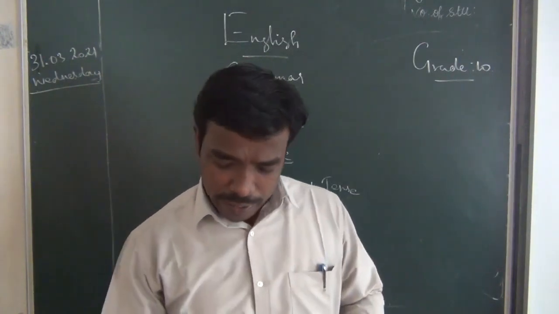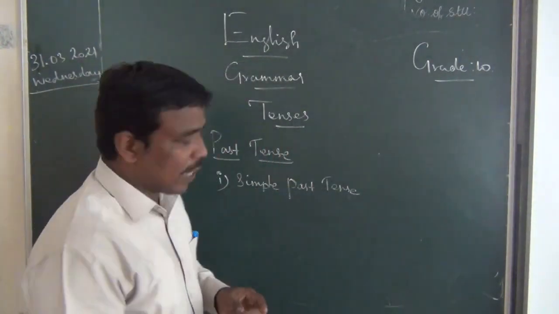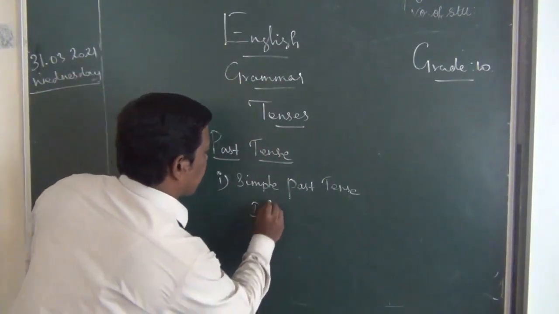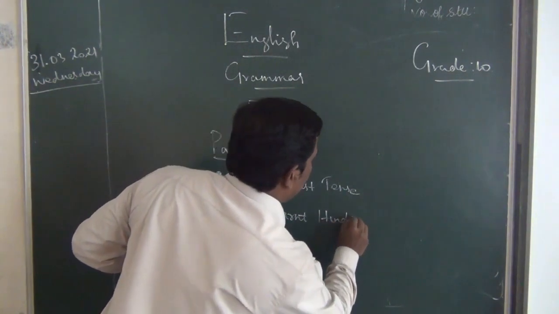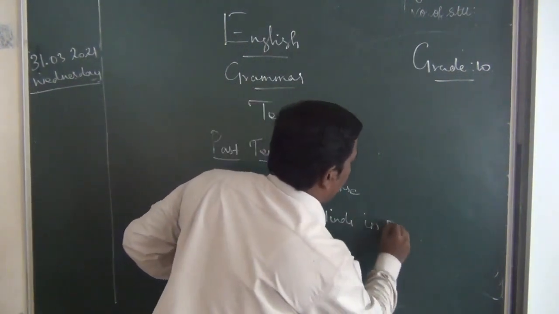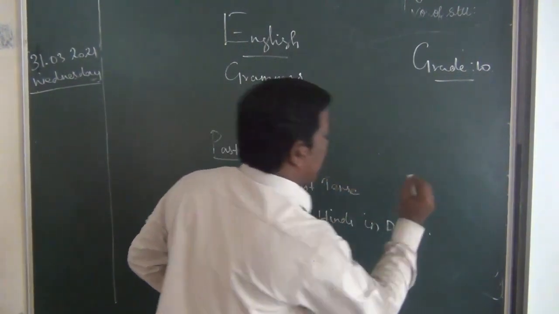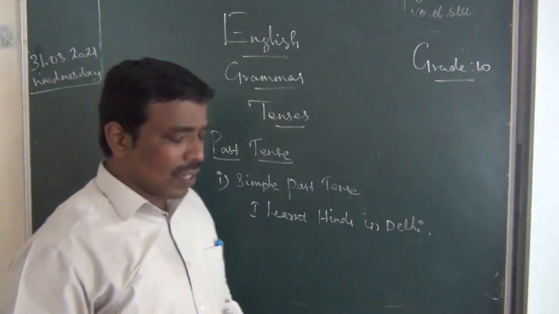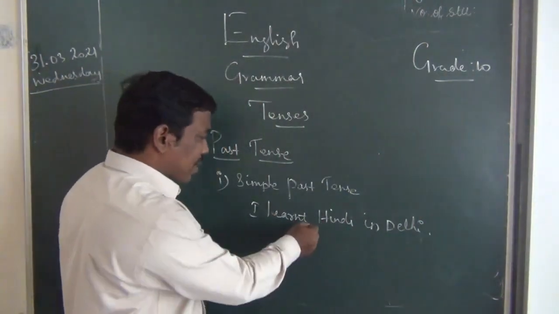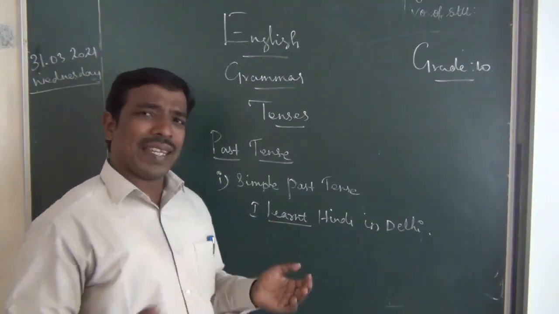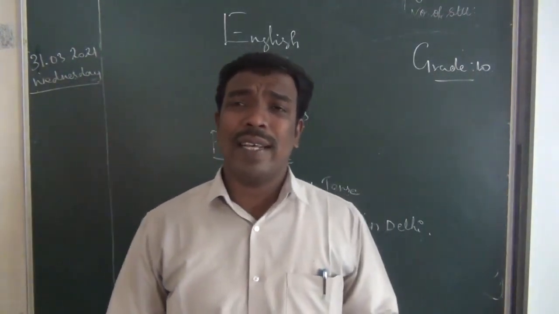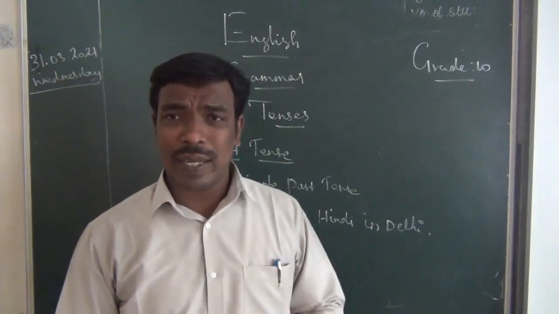For example, I learned Hindi in Delhi. This is simple past tense, the second form of the verb. At the time, we should know that he was in Delhi when he learned Hindi. Okay, simple past tense.